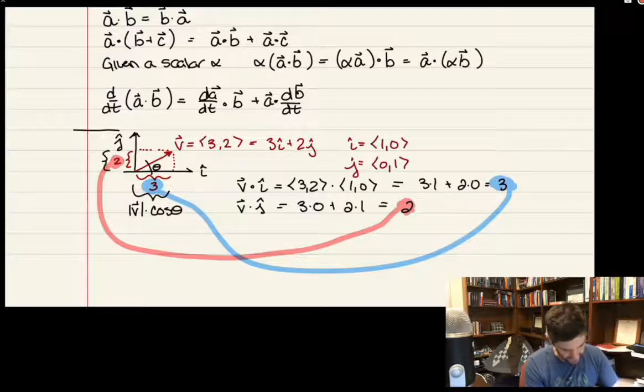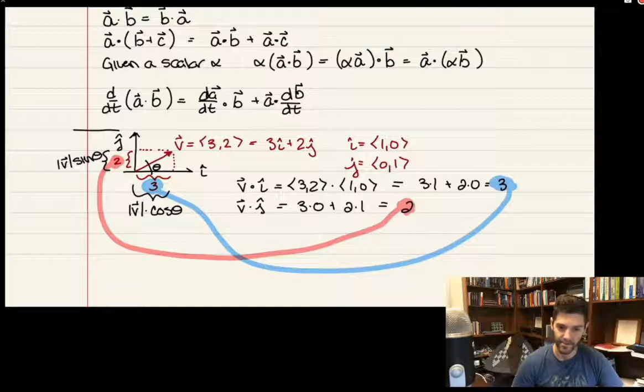This component here is the same thing as v sine theta. And they would, of course, give the same answer. You can calculate the magnitude, you can calculate that angle. When you do v cosine theta, you get 3. You can do v sine of that angle, and you would get back 2.